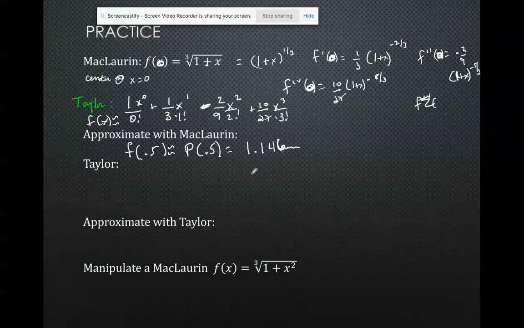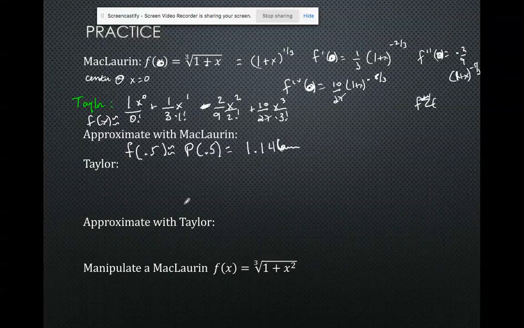They asked me to compare that with the actual value of f of 0.5. F of 0.5 using my calculator, because I have the function after all, so I just plugged in 0.5, added 1, and took the cube root. And I got 1.147, blah, blah, blah. So you can see that they're darn close, right?